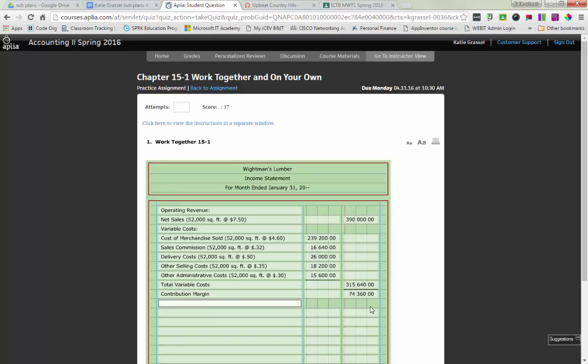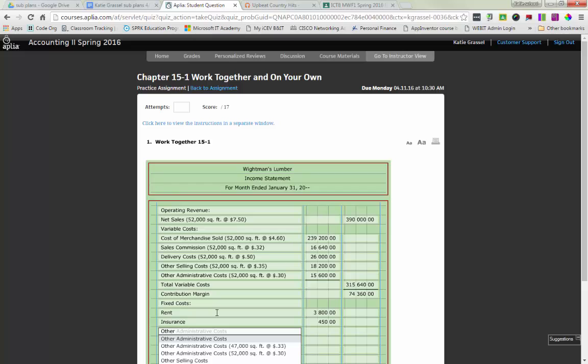74,360. Now I'm going to get into my fixed costs, and I'm going to start first with rent, possibly. And my rent is $3,800. Then I'm going to have insurance for $450.